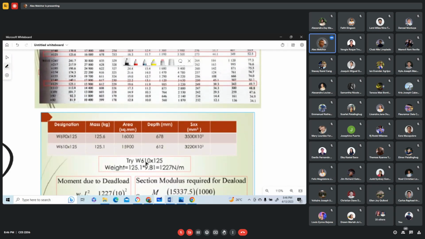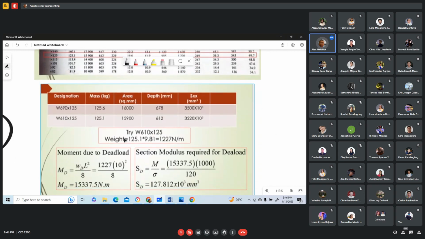So as we try 610 by 125, we solve now for the maximum moment due to the weight. This is the dead weight. No, this is the weight of that section. So the weight is equal to 125.1 kilograms per meter. And converting this to newtons per meter, we multiply this by 9.81.